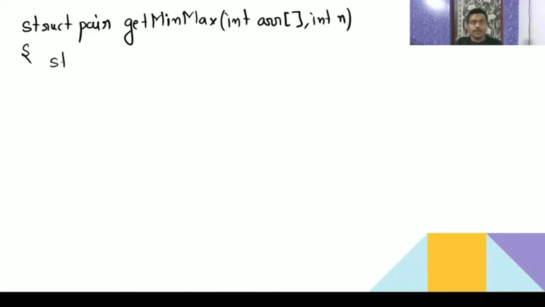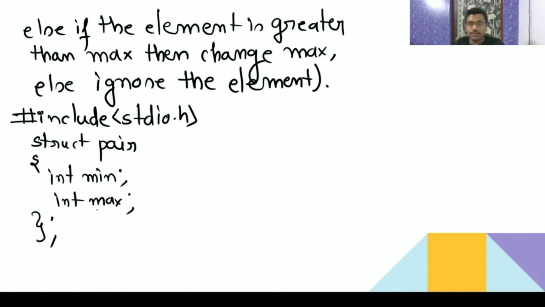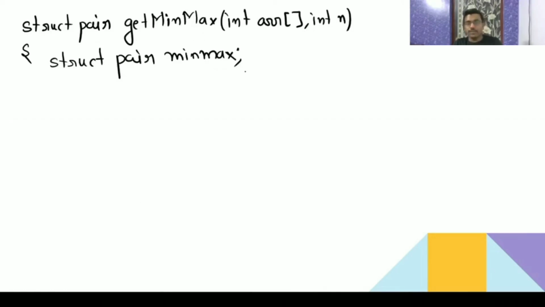Now declare the variable struct pair minmax. That minmax is going to have both the values, min and max. So minmax is a variable of structure type. Now we will declare another variable int i. This we will require.